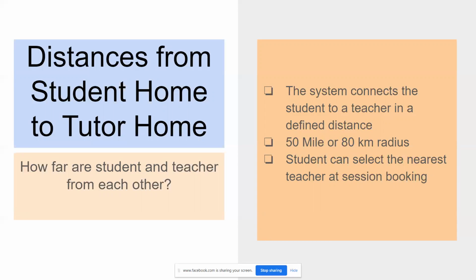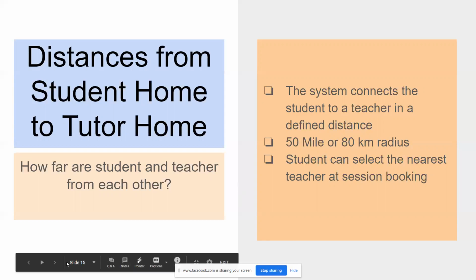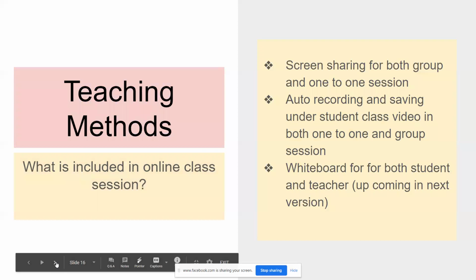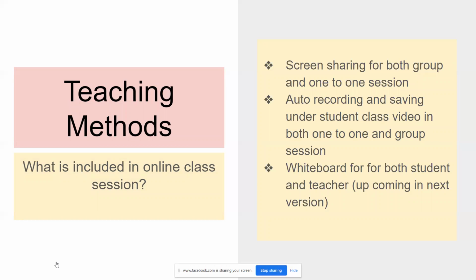For a student to get a teacher from his environment, the teacher must be within a 50 mile or 80 kilometer radius. The student can select the nearest teacher at session booking time. So the information will be there at booking or at paying time.